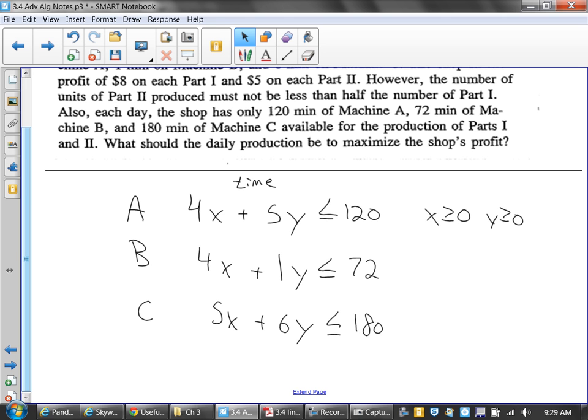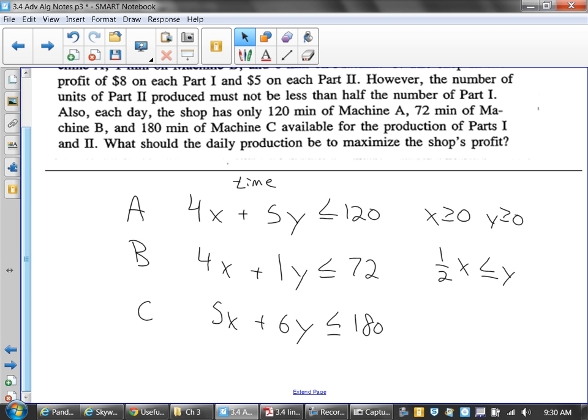So that means part number 2 has to be greater than or equal to half the orders of part 1, right? Must not be less than means it has to be greater than or equal to. It is a funky statement.